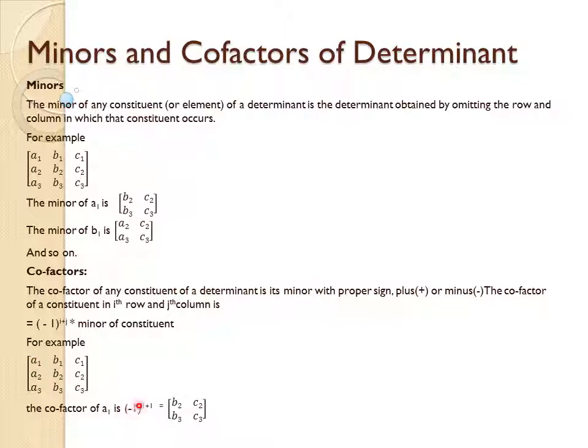So (-1) to the power i plus j, that is 1 plus 1, times the minor of A1, which is B2 C2 B3 C3, because I am omitting the row of A1 and the column of A1. So the constituent is B2 C2 B3 C3. I hope this is now clear. What is minor, what is cofactor? So cofactor is basically a minor with a proper sign.